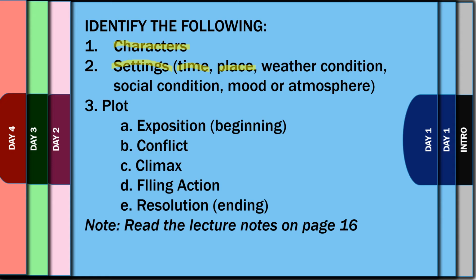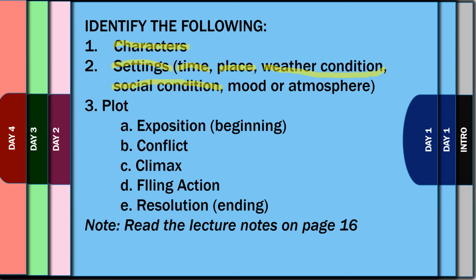It could be in the living room, in the bedroom, at the house, outside the room, at the school, at the covered court, and so on. Next, weather condition. It could be rainy days, summer, winter, fall, and so on.